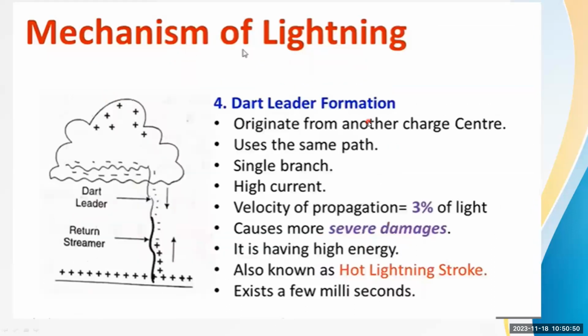Then next, coming to the dart leader formation. The dart leader originates from another charge center, and it is a return streamer with a single branch that uses the same path as the lightning that struck the ground.